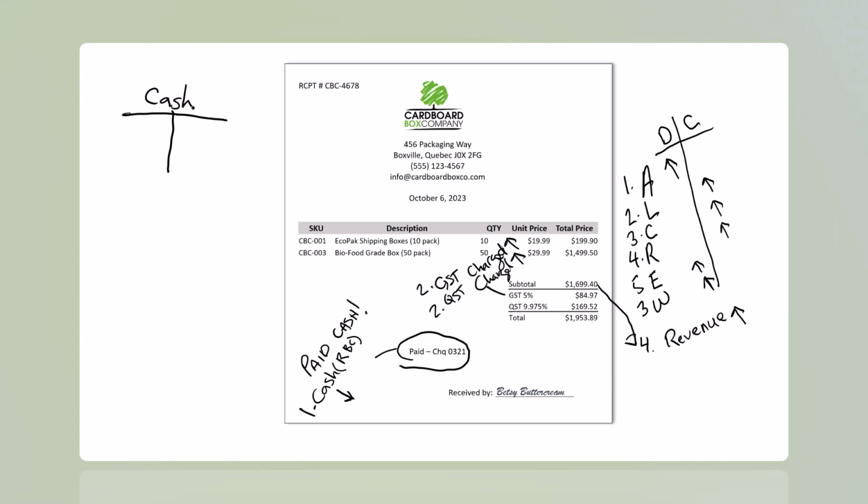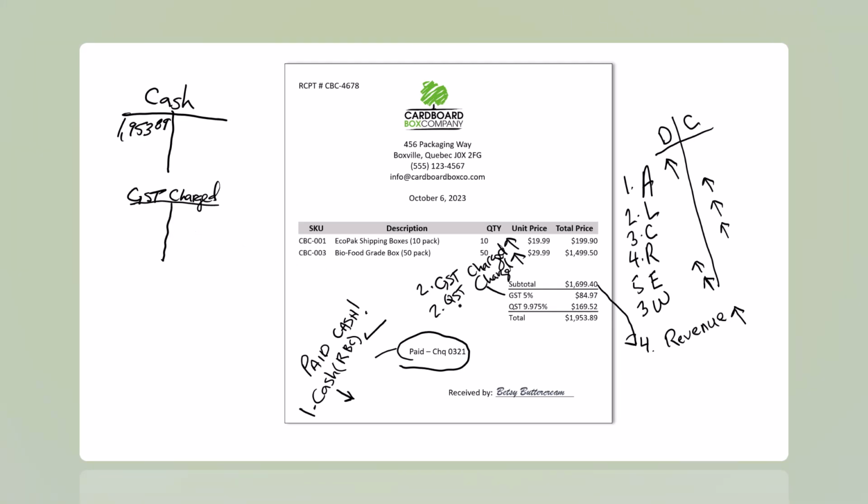So if we take this over to T accounts, our first account's cash. Our cash went up. So we're going to use the left side, we're going to debit this asset account. And then we'll check it off to know it's done. We're going to do our GST charged, which we know is a liability.